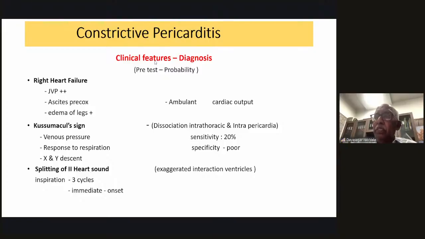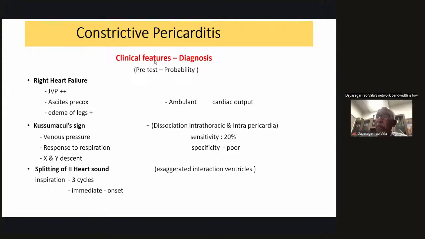Mind you, most of the patients with constrictive pericarditis are ambulant. They come walking into your consulting room, as opposed to restrictive cardiomyopathy, where they come in a wheelchair. This is basically because in constrictive pericarditis, their cardiac output is reasonably well maintained as compared to restrictive cardiomyopathy.